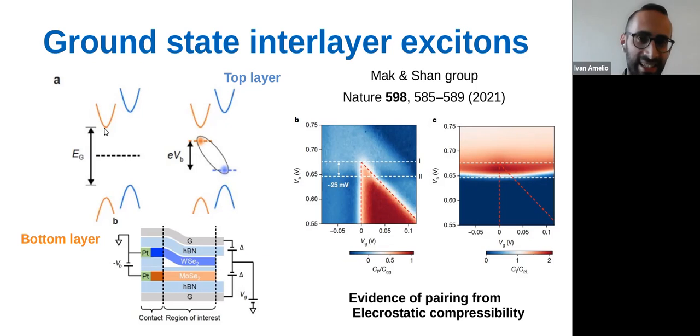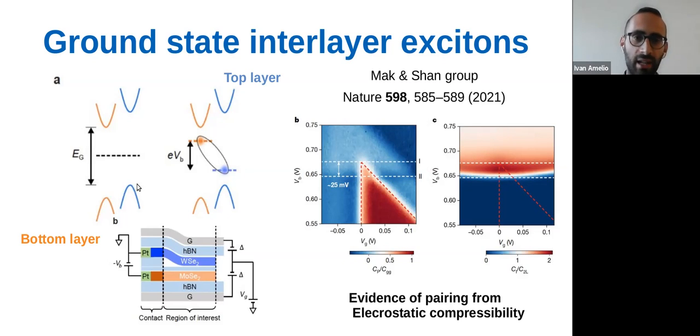And if the conduction band of the orange layer is close enough to the valence band of the blue layer, interesting things can happen. In particular, close enough means energy difference less than the binding energy of an interlayer exciton.